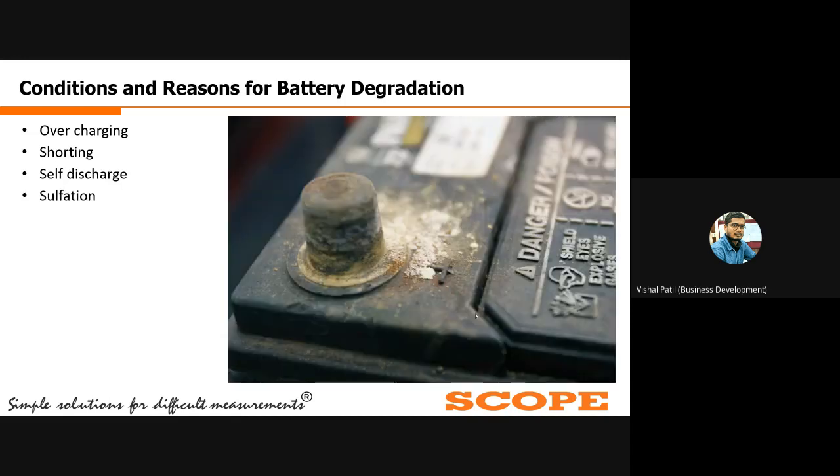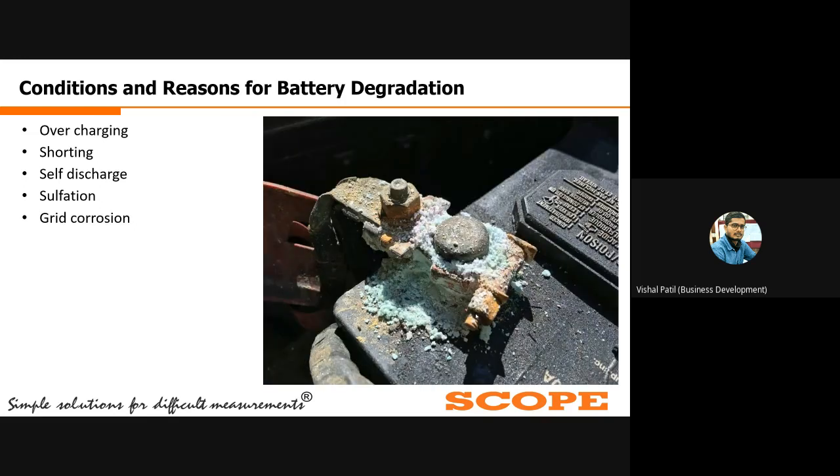The next parameter is related to the sulfation. There are two phenomena, sulfation and grid corrosion. Generally, grid corrosion will occur whenever the battery acid reacts with the metal terminal of the battery. This corrosion will generally be brown, white, or blue, green in color. Sulfation occurs due to the lead sulfate crystals that build up on the battery terminal because the battery is not properly maintained.